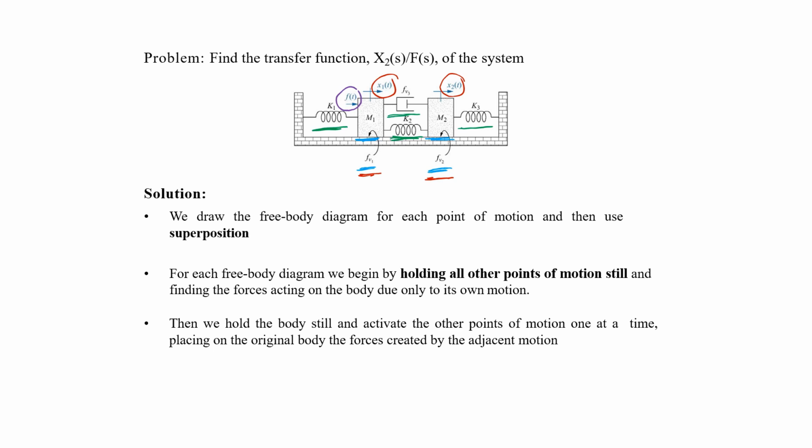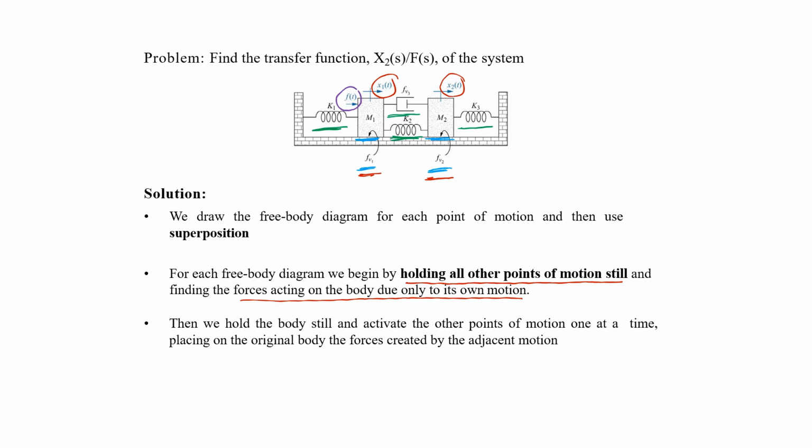So to model this example, firstly we will have to draw the free body diagram for each point of motion, and after that we will use superposition to combine all of the forces together. To draw each free body diagram for a mass, firstly we hold all other points of motion still and find the forces acting on the body due to its own motion.